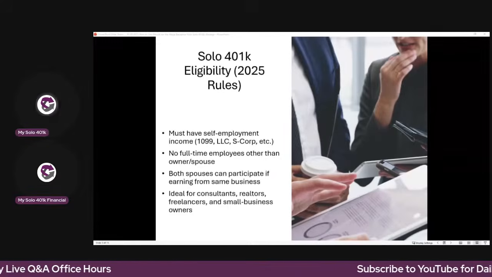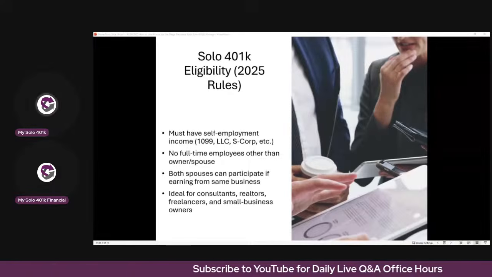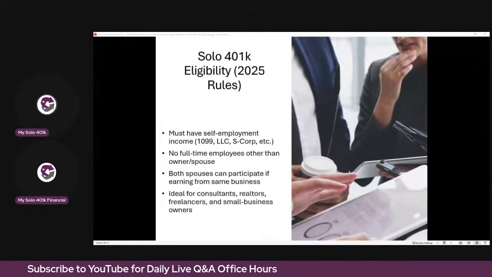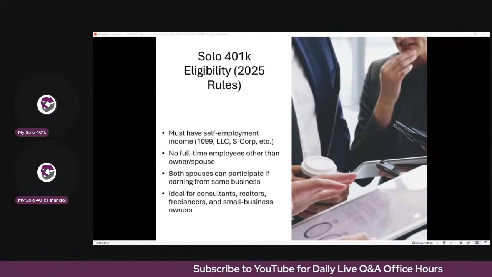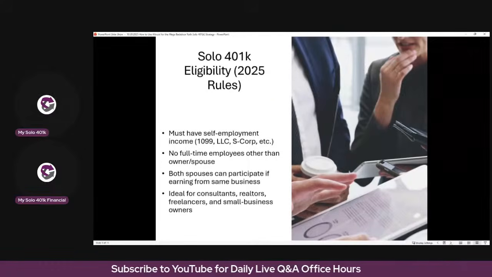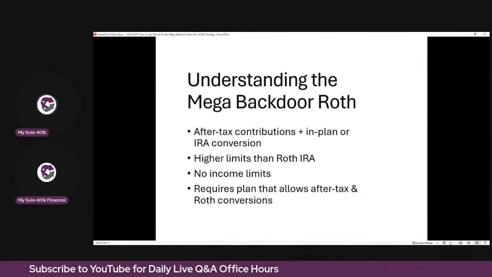And keep in mind, that's no employees working for any business owned by you or a spouse, if any. So ultimately, the solo 401k can be an ideal retirement plan for people like consultants, realtors, freelancers, and other small business owners. So that's what gets you into the game as far as being able to set up a solo 401k.